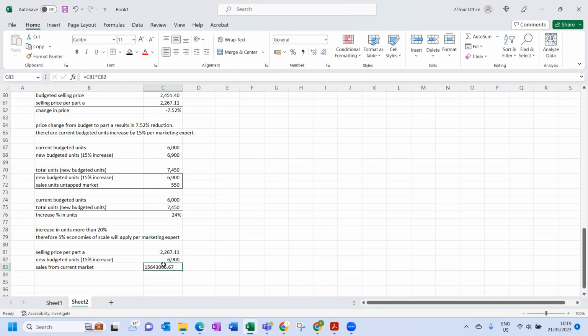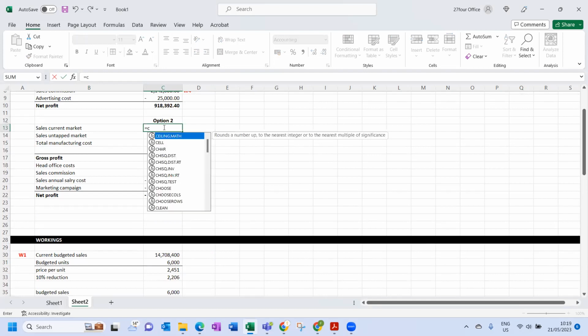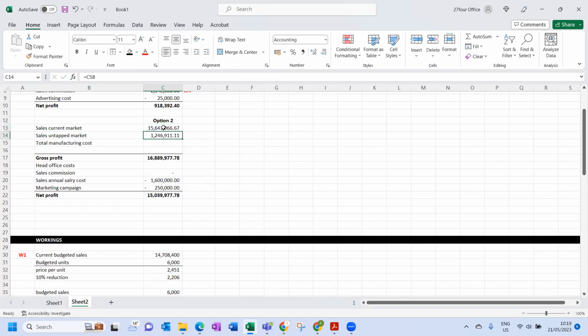So this is C83. So I'm going to be equal C83. Make sure you follow this whole thing over here. So this was working 5.